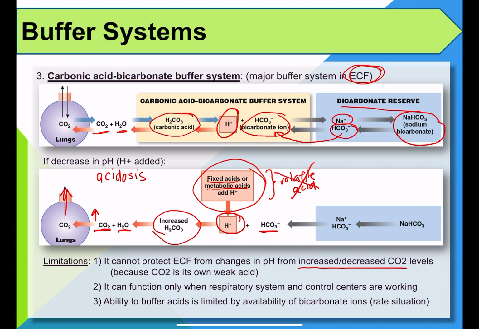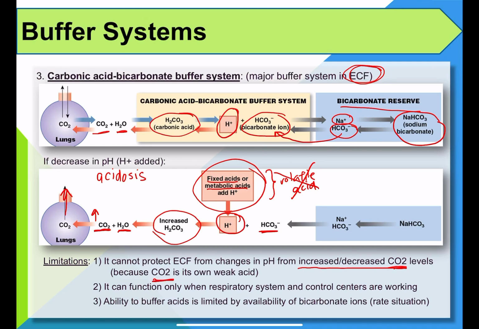We cannot use this buffer system or rely on our lungs to get rid of CO2 for us when our very problem of having acidosis or alkalosis is because our lungs weren't functioning correctly. So that's why a CO2 increase or decrease that led to the pH change cannot be fixed by this system that we just mentioned, because CO2 is its own weak acid.